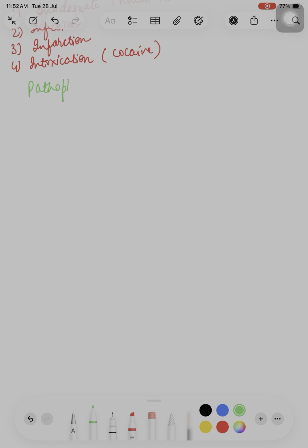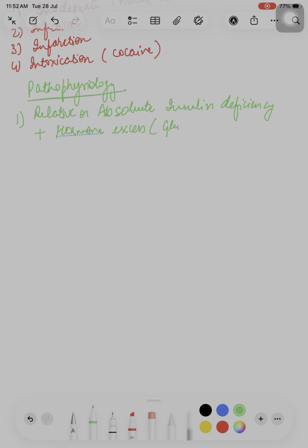Next we'll start with pathophysiology. What is the pathophysiology of diabetic ketoacidosis? Diabetic ketoacidosis results from relative or absolute insulin deficiency combined with hormone excess.